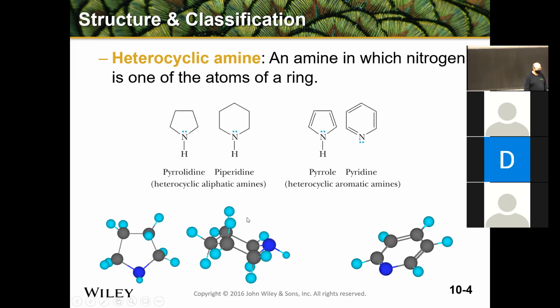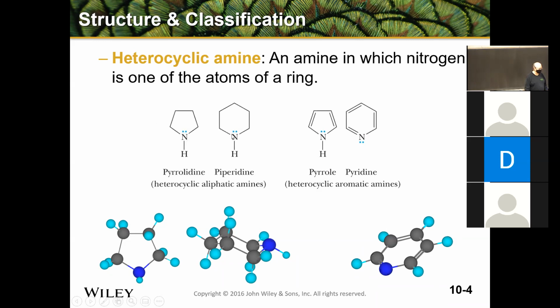Okay, in the case of pyrrole and pyridine, these two amines are both heterocyclic and aromatic. Okay, these are just heterocyclic and aliphatic. Okay, these don't meet the requirements for aromaticity. There's no continuous conjugation.